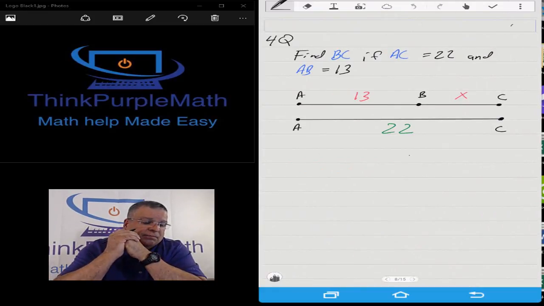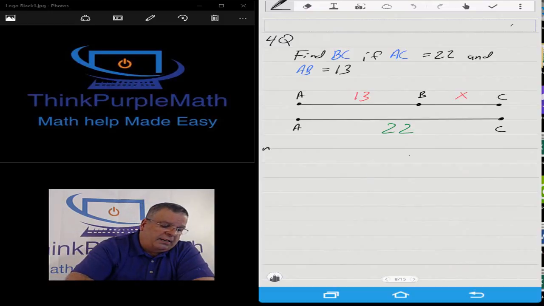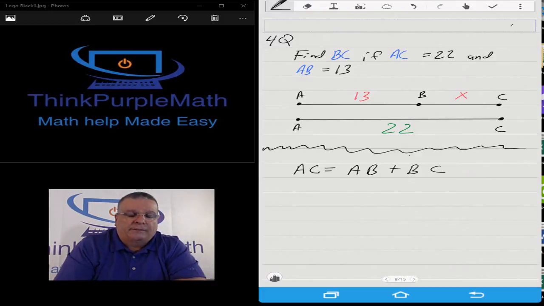Okay, our next one, the drawing represents the statement above. Find BC, which is where X is, AC, which is 22, which represents the green, and AB is 13, which is in red. So in a nutshell, AC is equal to AB plus BC.